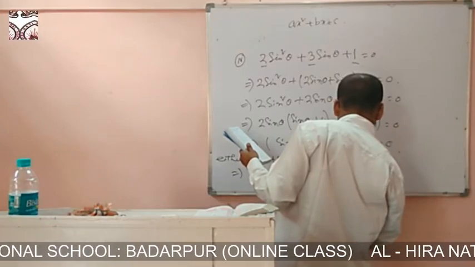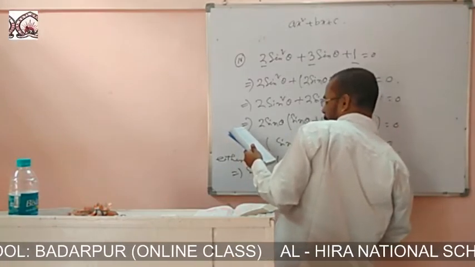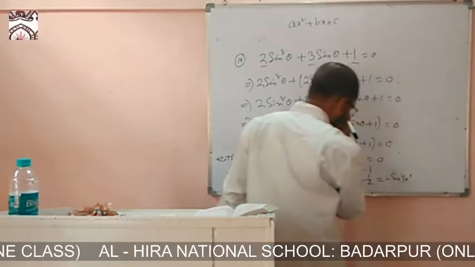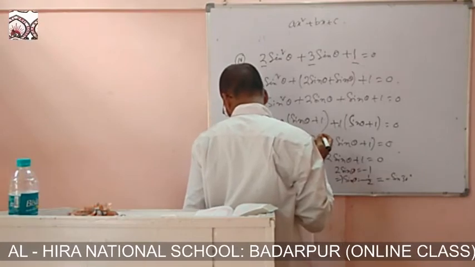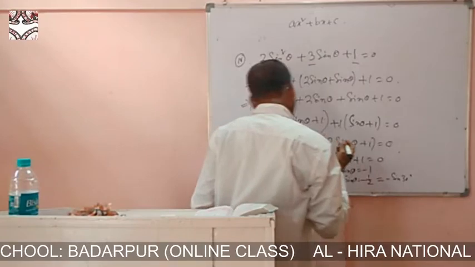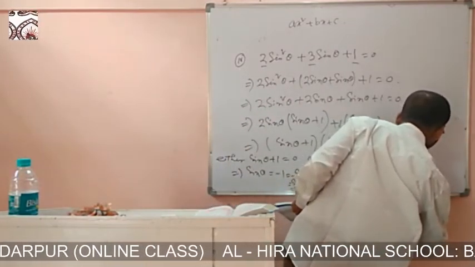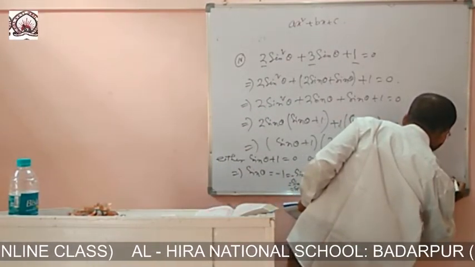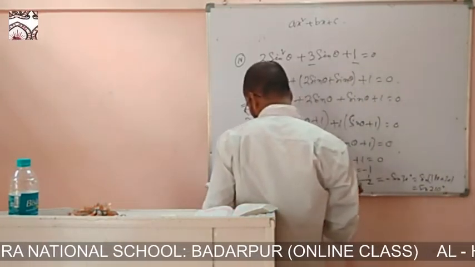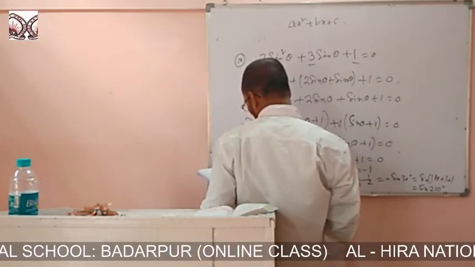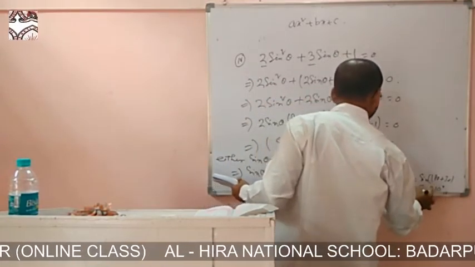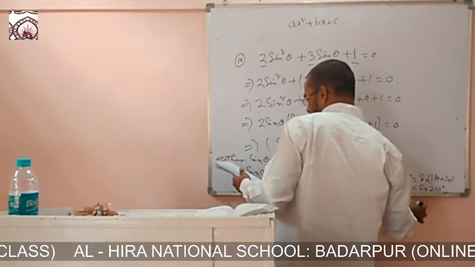So sin theta will be minus half, and we know the sin value of half is 30 degree, so we can write it is minus sin 30, and minus sin 30 we can write sin 180 plus 30, which is equal to sin 210. So sin theta will be minus sin 210.